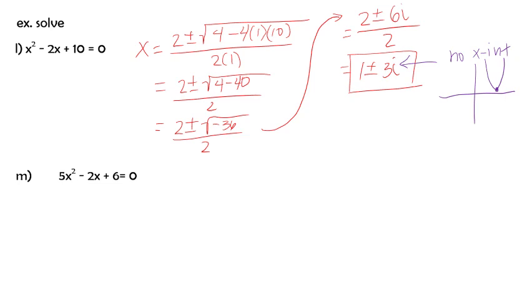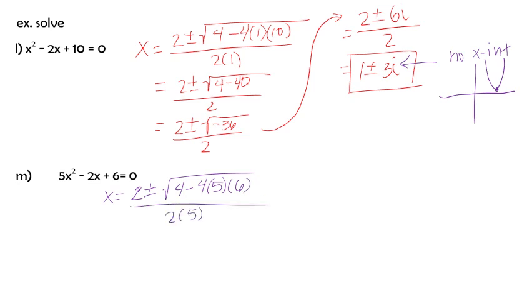Okay, once again, we could try and factor, but factoring may not be helpful, and you might look at this and be like, I don't even want to try to factor with that one. So let's jump straight into the quadratic formula and see what happens. x equals negative b, positive 2, plus or minus the square root of b squared minus 4ac all over 2a.